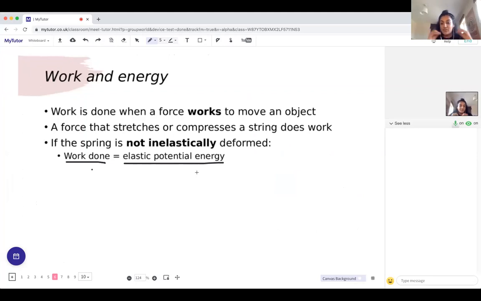If an object can be stretched and when we let go it returns to its original shape, for example an elastic band, then work done does equal elastic potential energy. However, if something is inelastically deformed and doesn't return to its original shape, then this equation no longer applies. Now, in an exam, they could either ask you to find out the work done or the elastic potential energy. So you need to know that these two are equal to each other because we don't have an equation that has work done in it. So you need to know that work done equals elastic potential energy if it's an elastically deformed object.